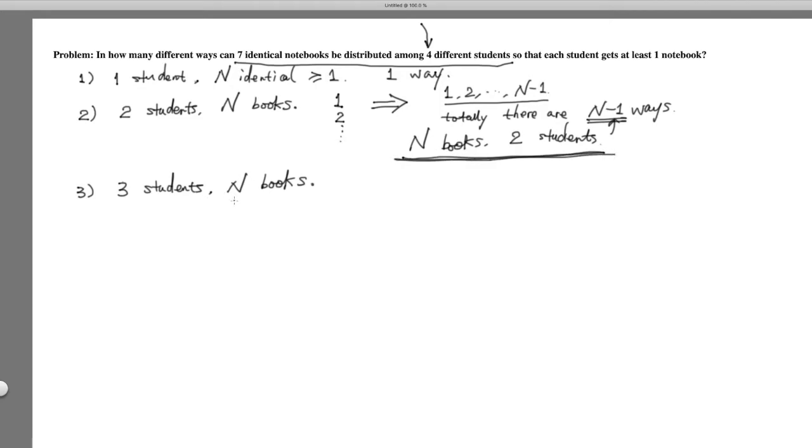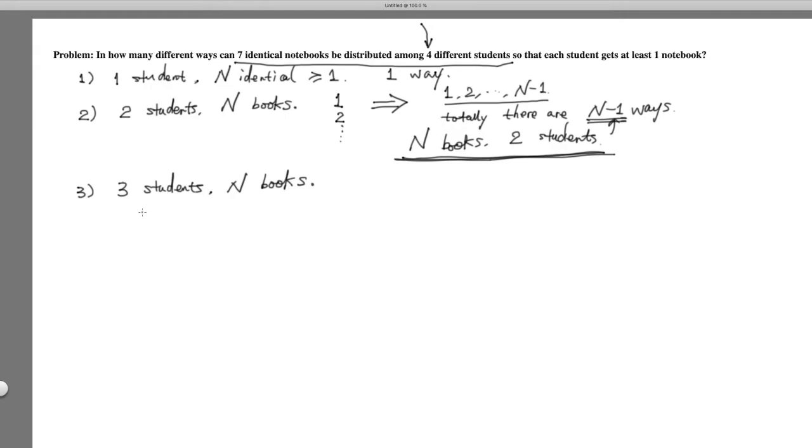Because once you distribute the number of books to the first student, the remaining problem becomes distributing the remaining books to the other two students, right? And that will be a problem for the second case.